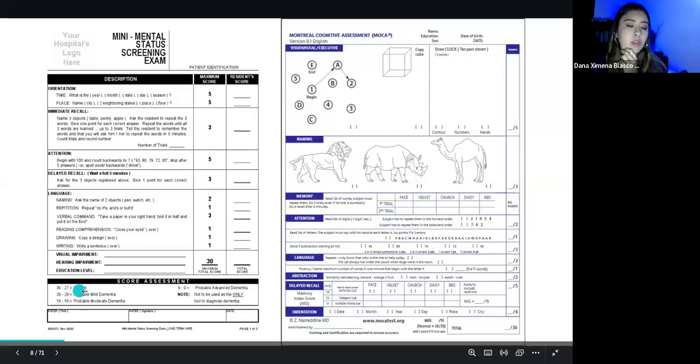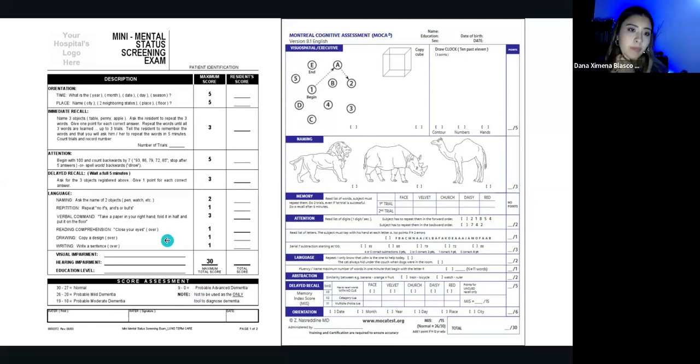That's going to be our normal score. But if the patient has from 26 to 20, it's probable mild dementia, from 19 to 10 probable moderate dementia, and from 9 to 0 probable advanced dementia.